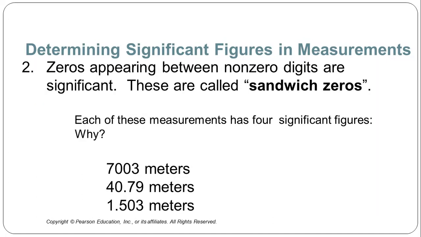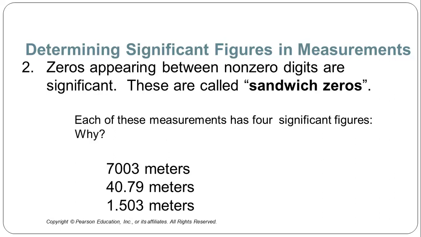Second, zeros appearing between non-zero digits are significant, and these are called sandwich zeros, because they are sandwiched between the non-zero digits. Each of these measurements has 4 significant figures. Why?